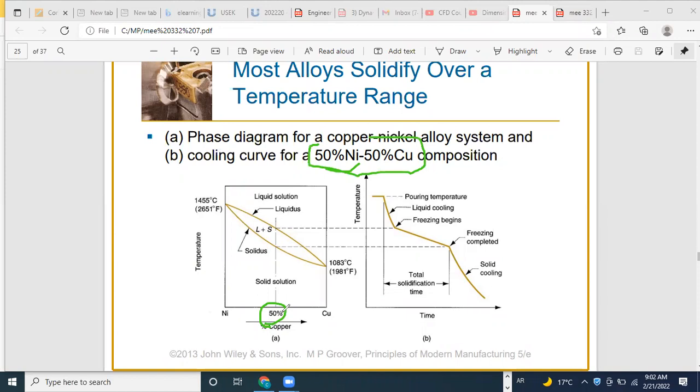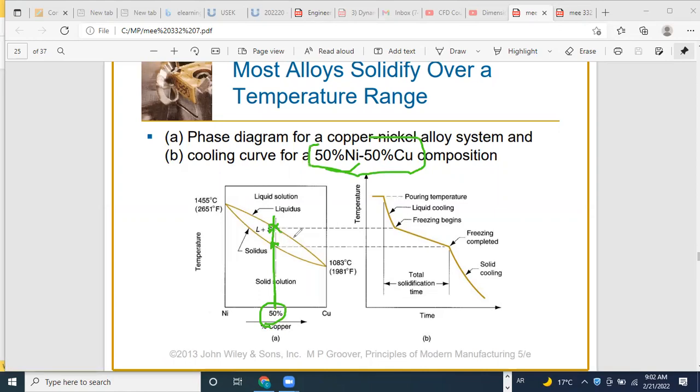For example, if I give you an alloy of 50% nickel, 50% copper, you come to this graph and take the 50% composition. If you read here, you will have two temperatures of intersection with this line. These two temperatures give you the beginning temperature for freezing and the temperature to complete the freezing procedure.